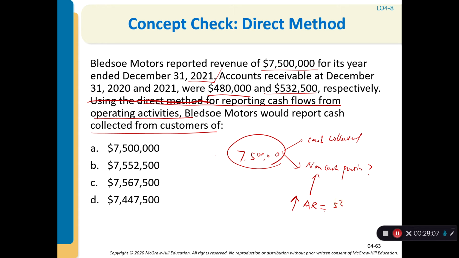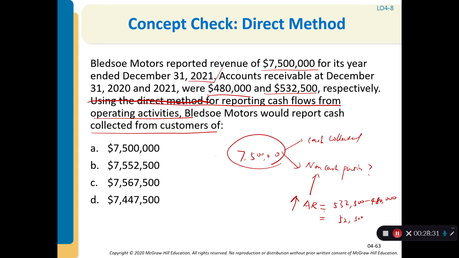And how much is the increase of accounts receivable? It's 532,500 minus 480,000, and this will give us 52,500, right?